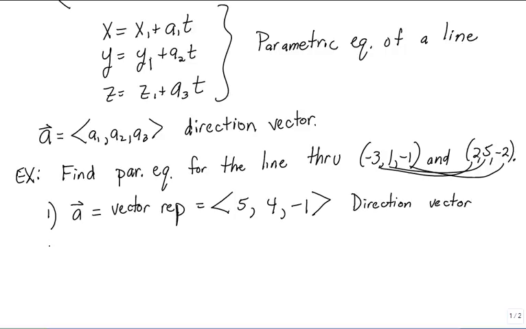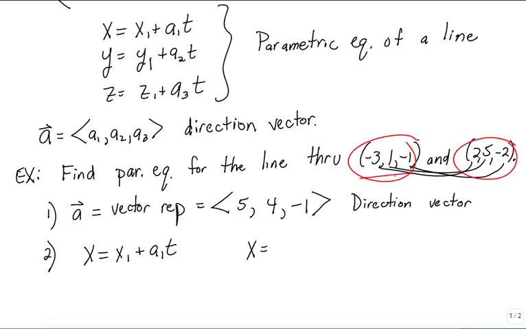And so all we have to do is say x is equal to x1 plus a1t. You can pick either point. Let's pick this point. So x1 is -3, here's a1, plus 5t.